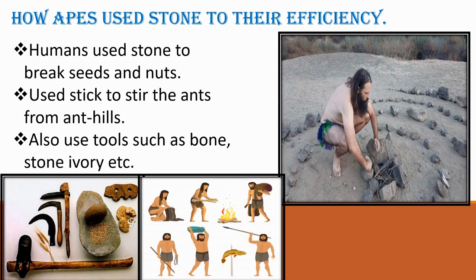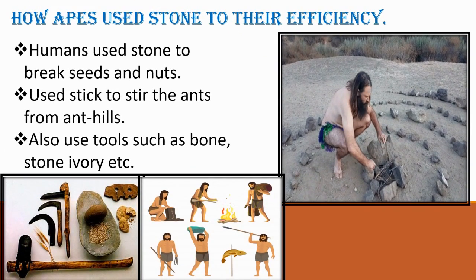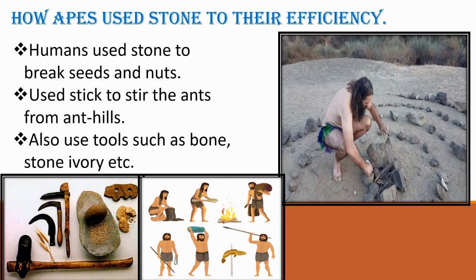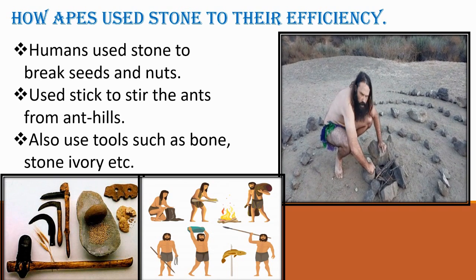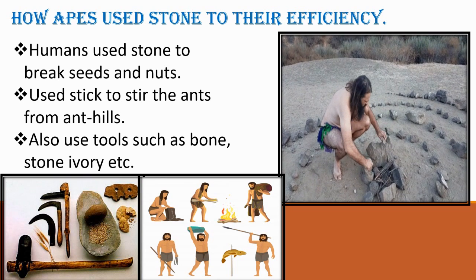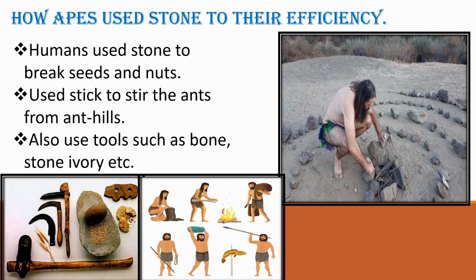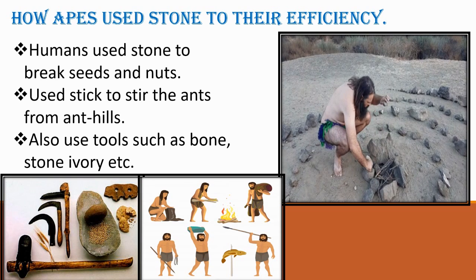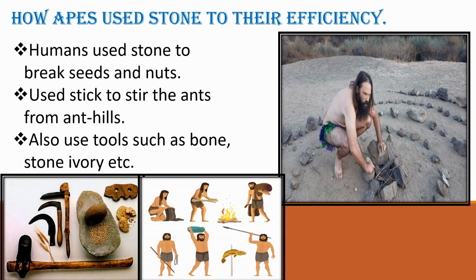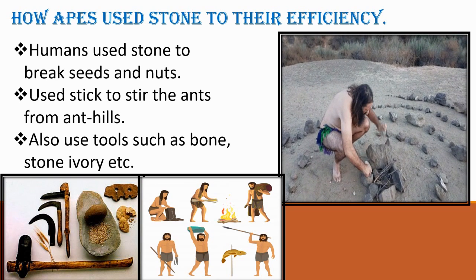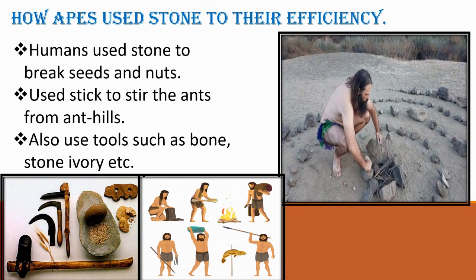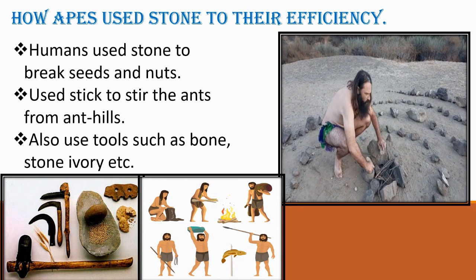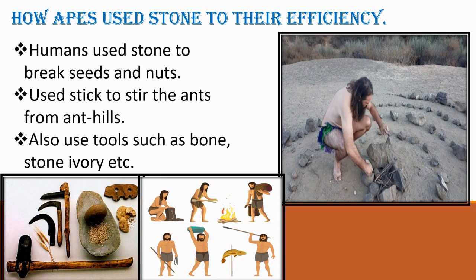How apes use stone to their efficiency. In this slide we will learn how the apes were using tools. On your screen you can see a man breaking a stone. In the previous lesson we studied apes like the chimpanzee.